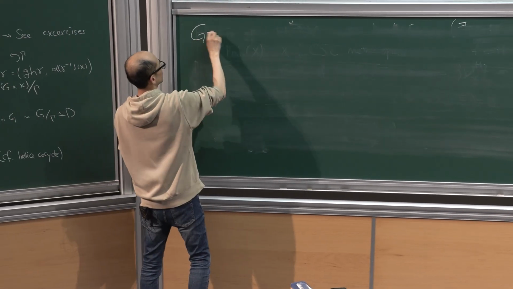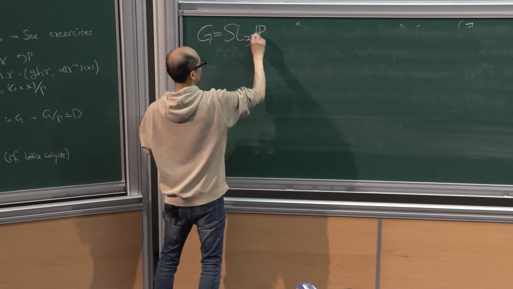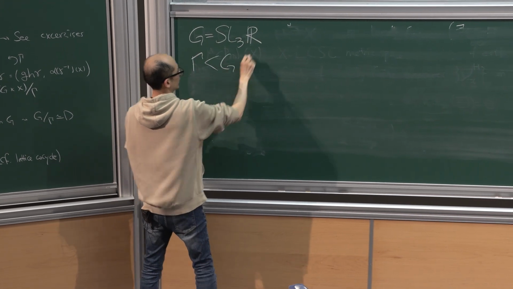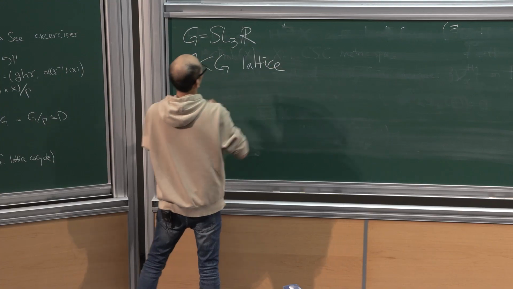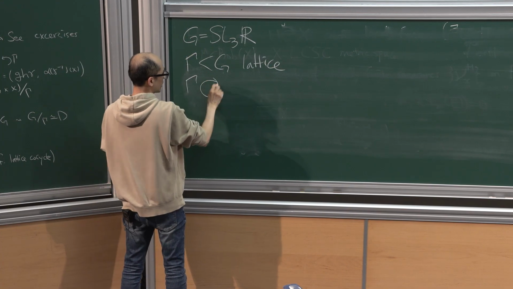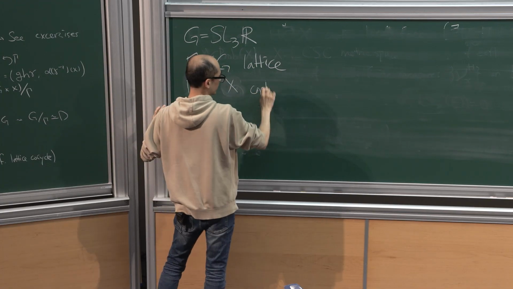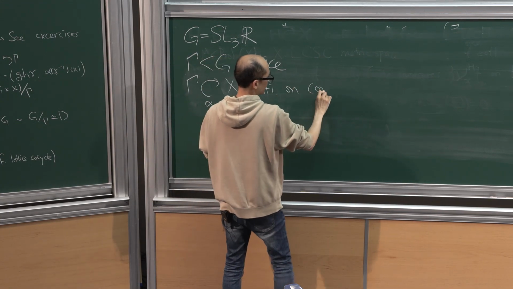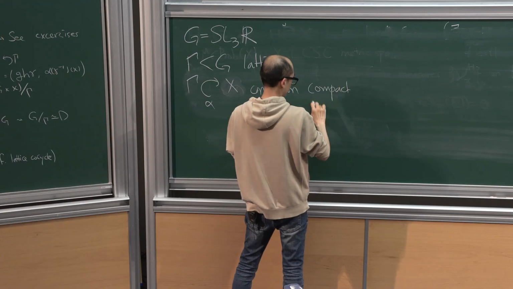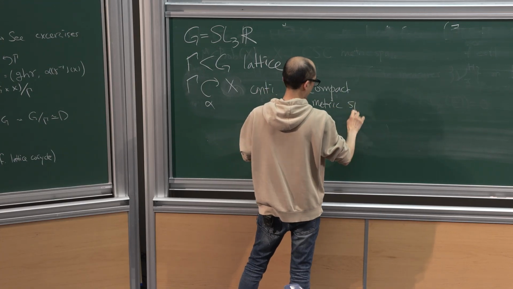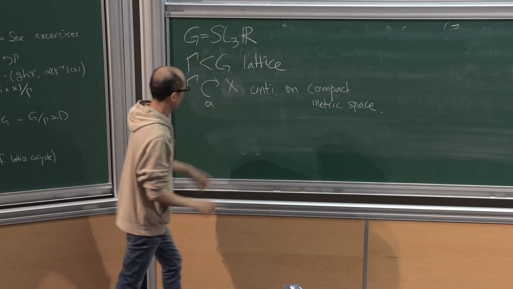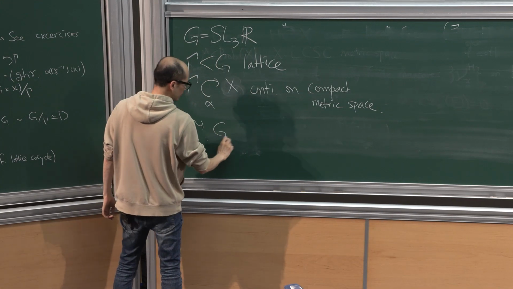But now let's go to our example. SL3R, and gamma is a lattice. And now I want to think about the continuous action on a compact metric space. And then now I have a suspension.